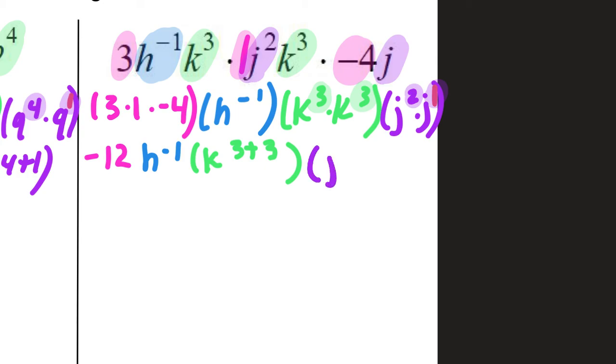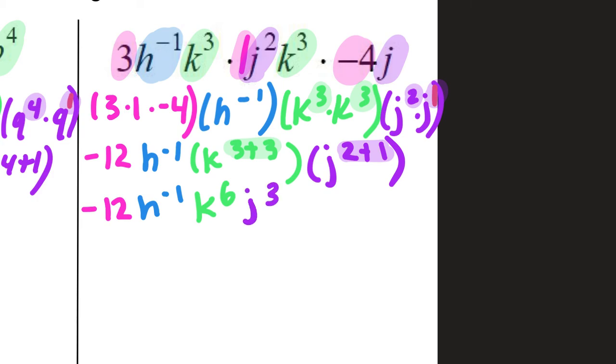So it becomes j to the 2 plus 1. And when I simplify, the negative 12 stays, h to the negative 1 stays. I can combine the k exponents to be k to the 6th. And I can combine the j exponents to be j to the 3rd.